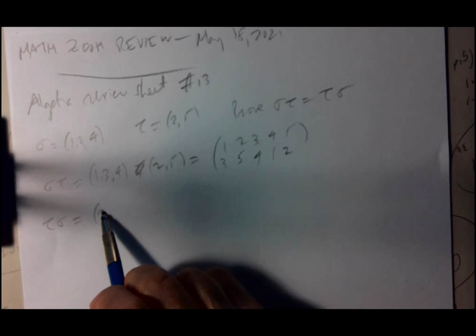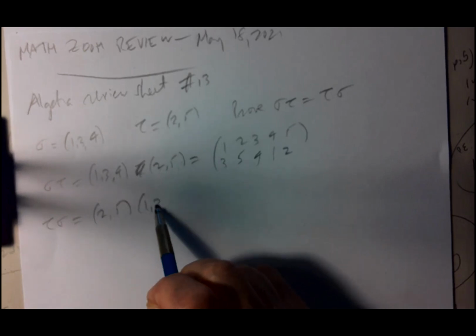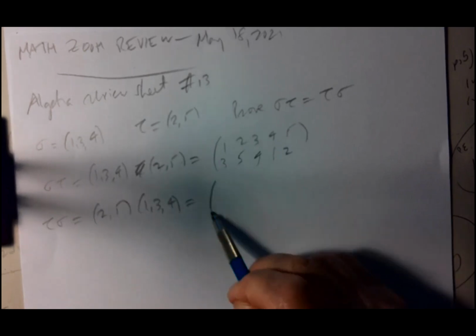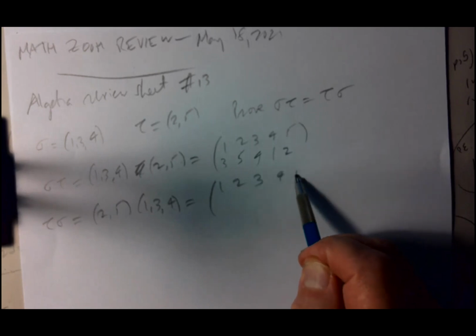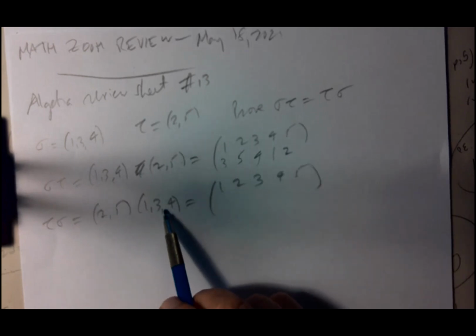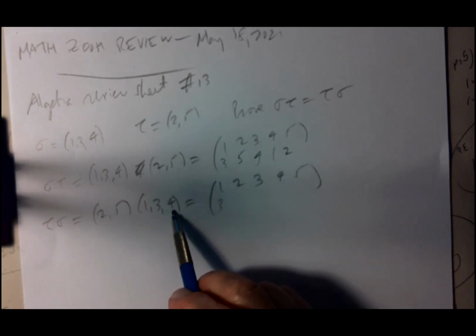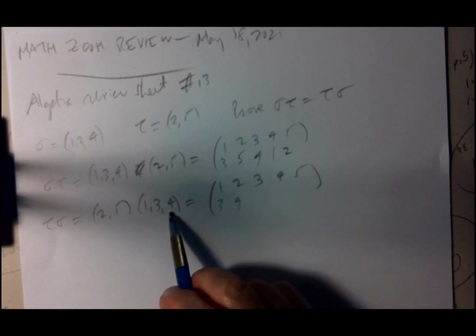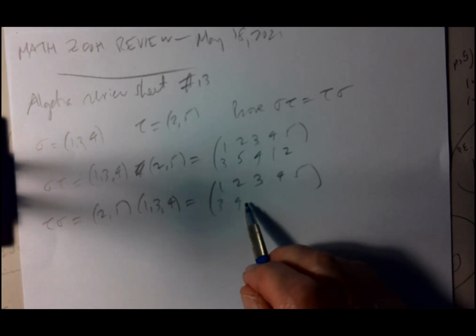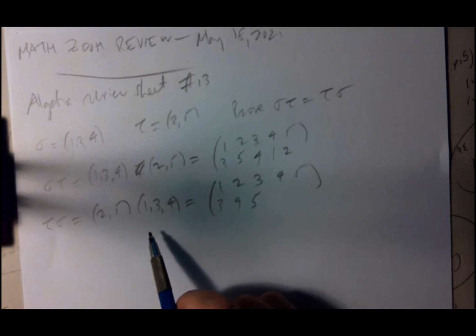And tau sigma: 1 goes to 3 goes to 3, 3 goes to 4 goes to 4, 2 goes to 2 goes to 5.